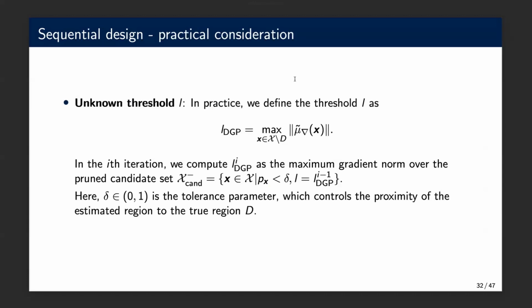During the sampling, we have some practical considerations. If the threshold L is unknown, we find a way to iteratively update L by treating it as the maximum gradient norm within the remaining unexplored region of our domain. Because of the time limit, I want to accelerate.